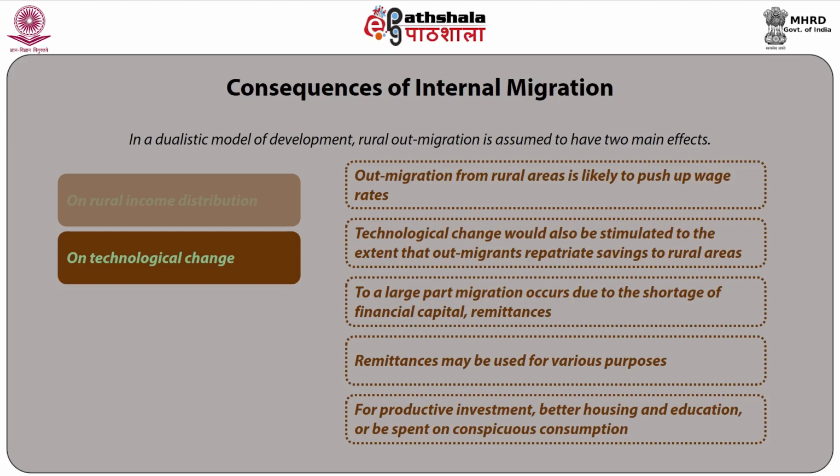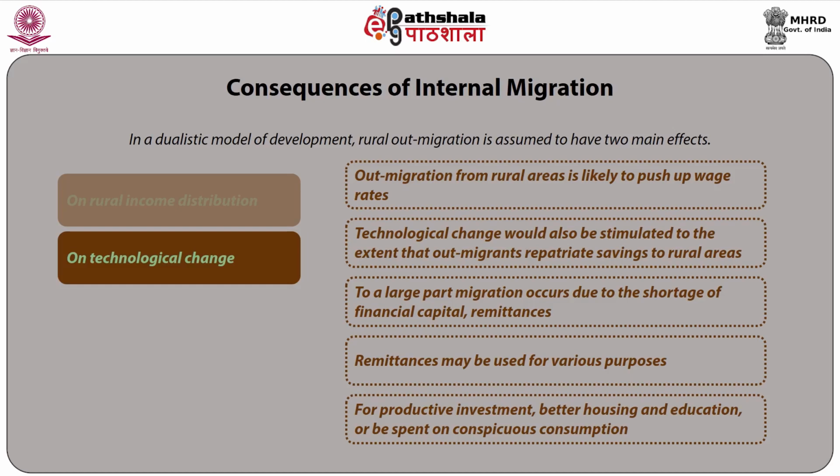Some studies have argued that since migration occurs partly in response to the lack of investment opportunities and to a large part due to the shortage of financial capital, remittances are potentially an important means by which growth of agricultural production and technological change could be stimulated by migration.